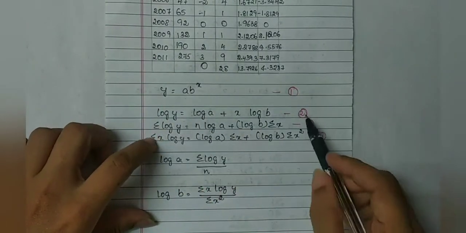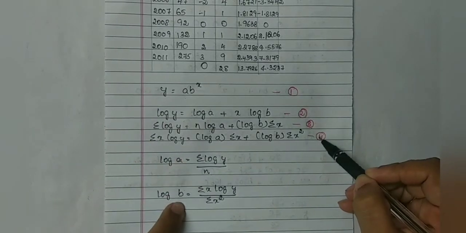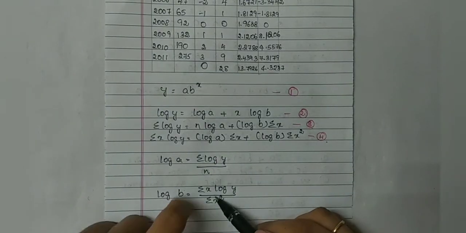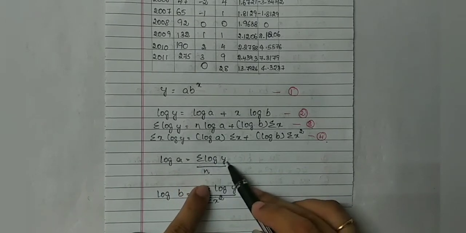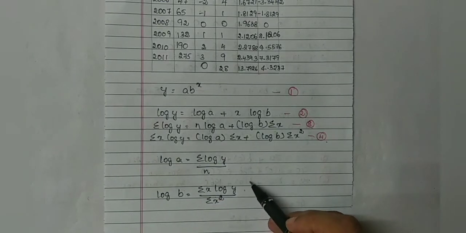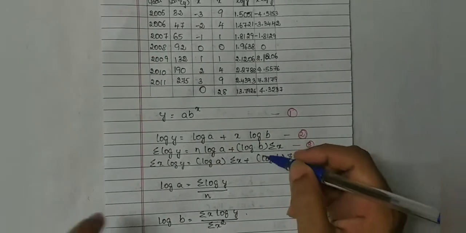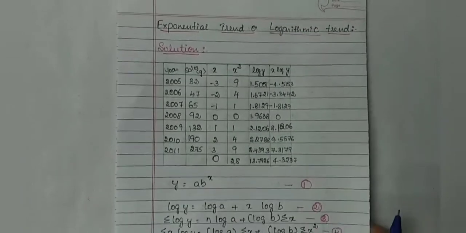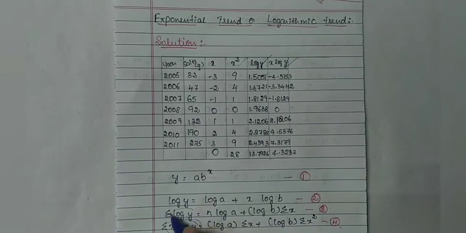So log y, again second, third and fourth equations are given to calculate the values of a and b. When we simplified, we got the formula for log a as summation log y divided by n, and for log b, summation x log y divided by summation x square. So according to the need of the equations, we calculated the values x square, log y, x log y, and summation x also we calculated, say here.